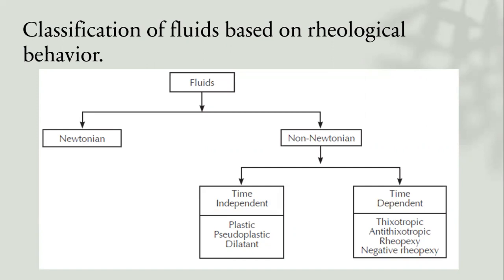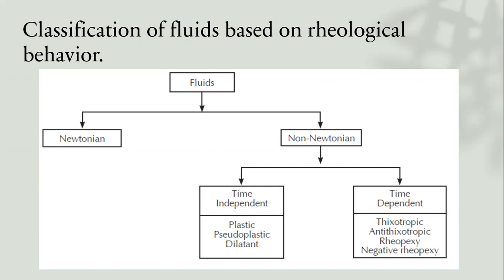So they are known as Newtonian fluids, while there are certain other types of fluids which do not follow Newton's law and have other properties, because of which they are known as non-Newtonian, and they are further divided into time independent and time dependent fluids.